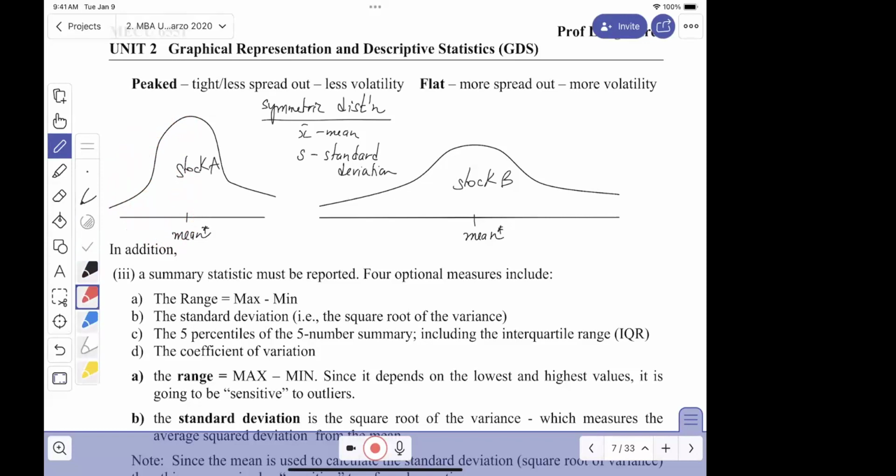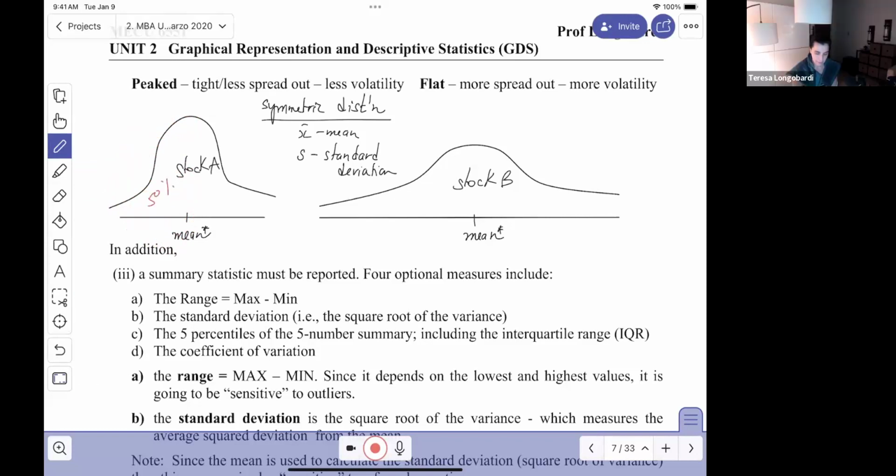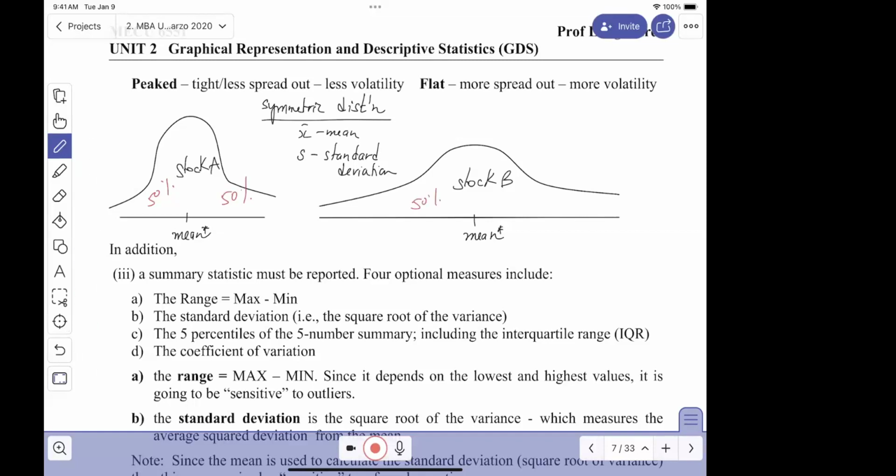Yes, very good. So it's 50% here, 50% here. Let's do the same thing over here. So what percentage of observations are below here? The same, right? 50%.